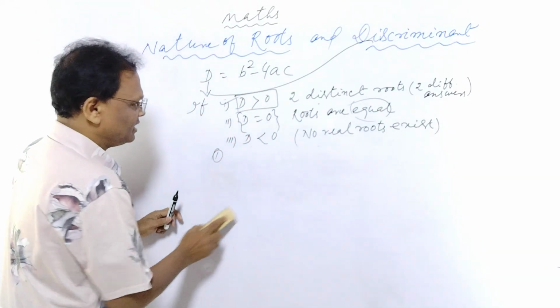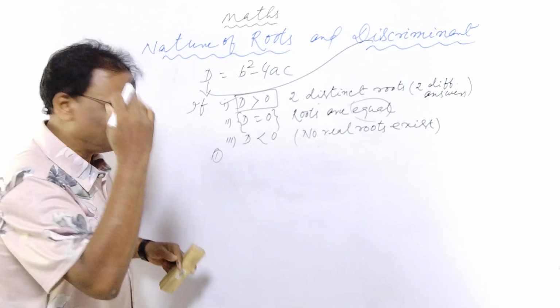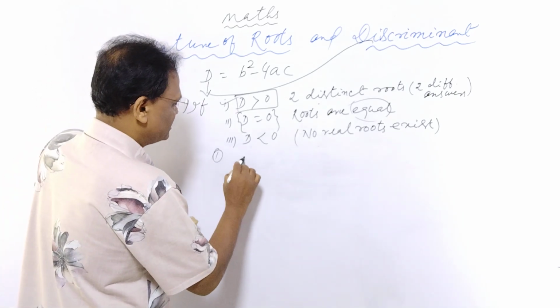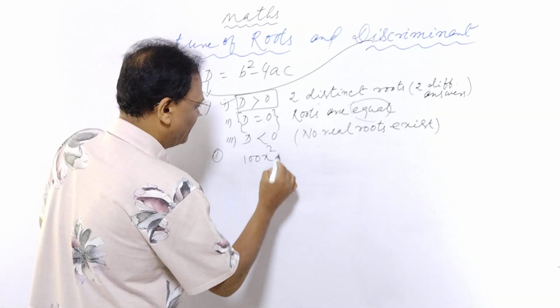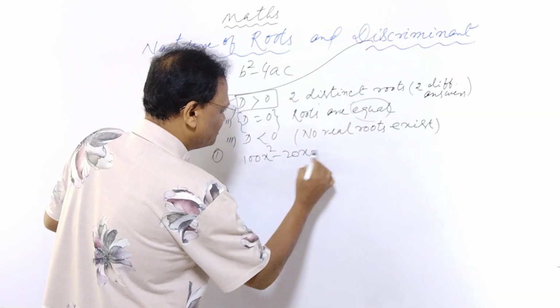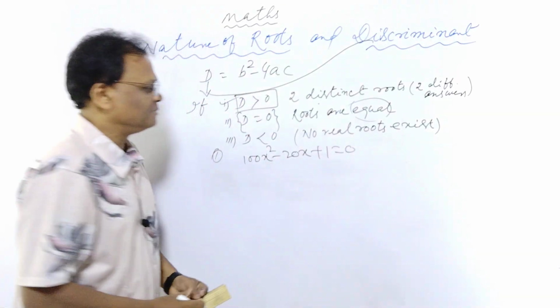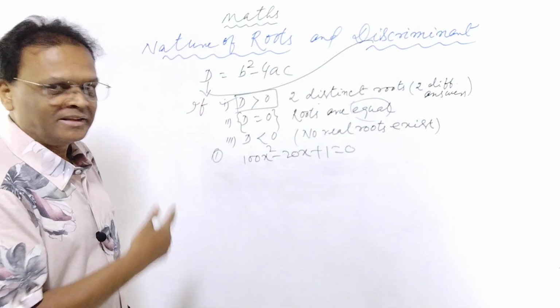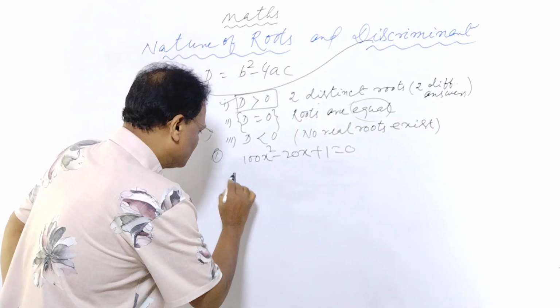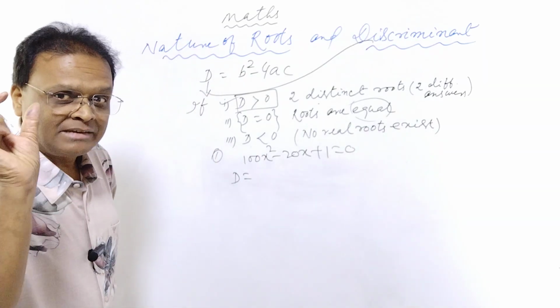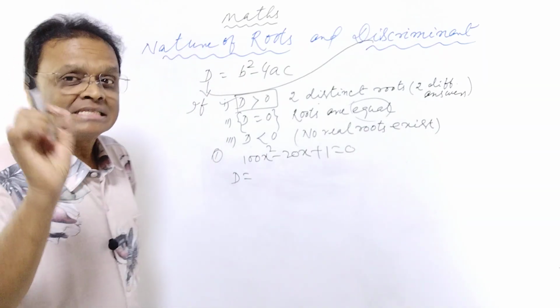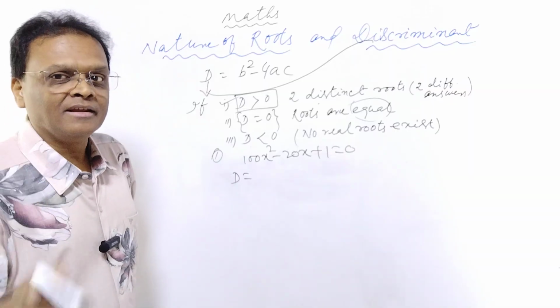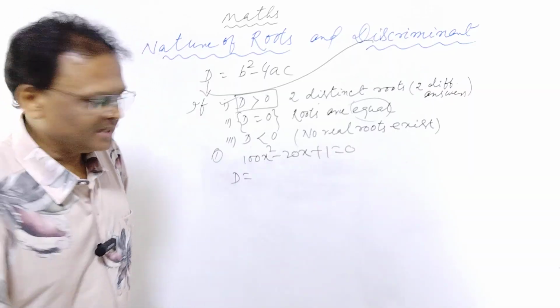I think while explaining I had given this example, let me take the same example. If it is 100x square minus 20x plus 1 equals 0. What is my formula? D equals the discriminant formula. Remember again, D stands for discriminant.